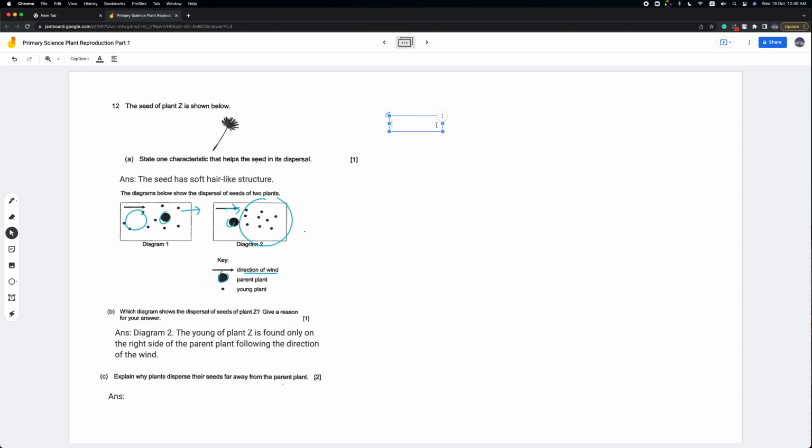The key phrase for plants dispersed by wind is: as it has soft hair-like structure for this case, or wing-like structure that helps to keep it afloat in air longer and be carried by wind further away from the parent plant. So this is the key phrase.